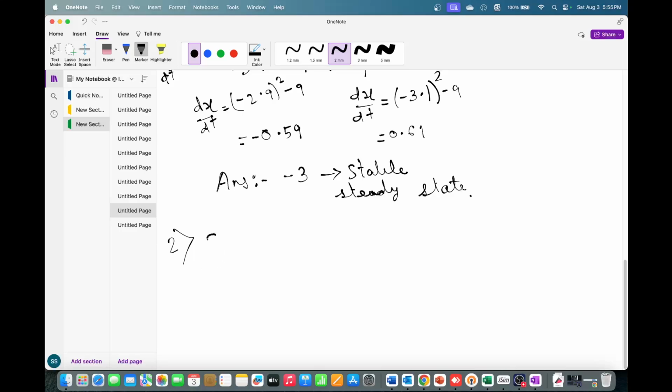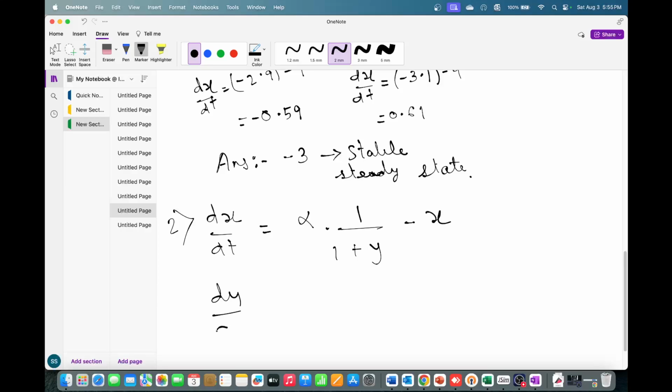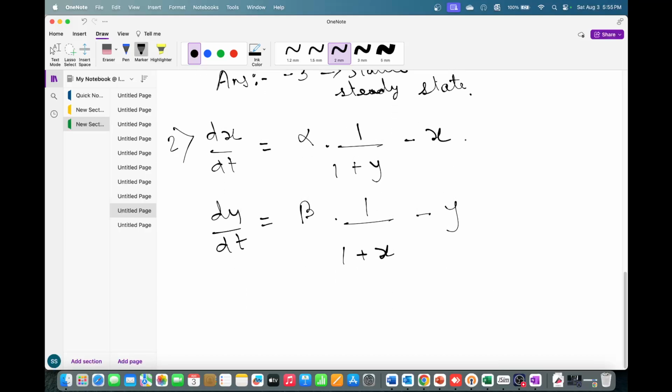So dx/dt is given by alpha into 1 by 1 plus y minus x, and dy/dt is given by beta into 1 by 1 plus x minus y. Now you are asked to find the steady states of these.